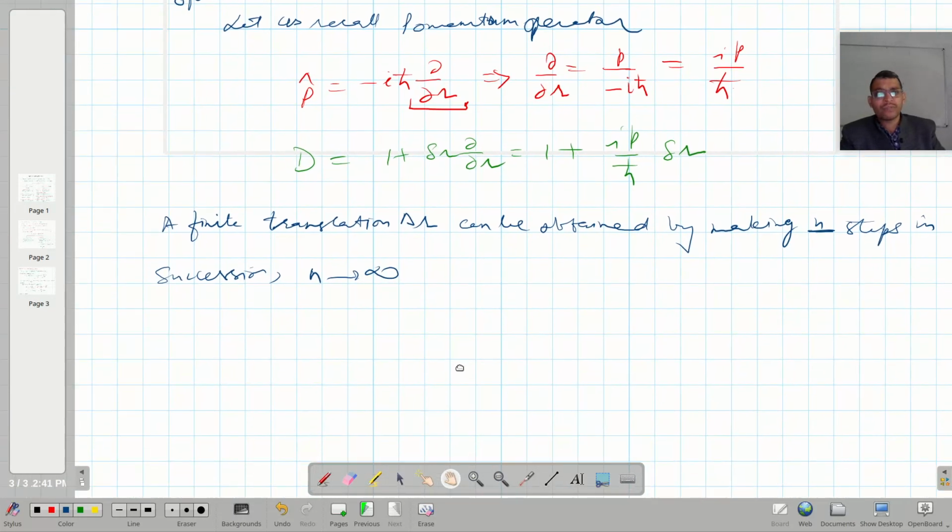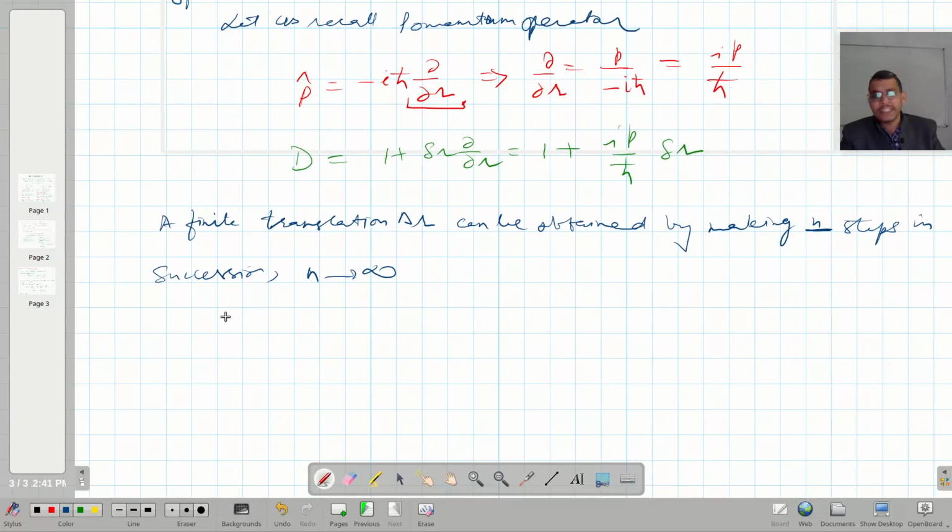So for a finite translation, we can write that D is equal to the limit as n approaches infinity of 1 plus i P over h cross times delta r over n, all raised to the power n.